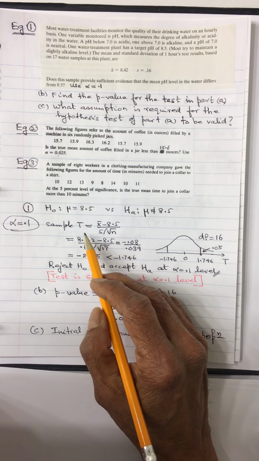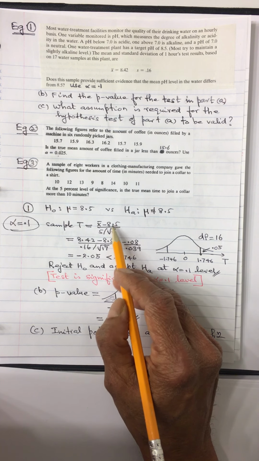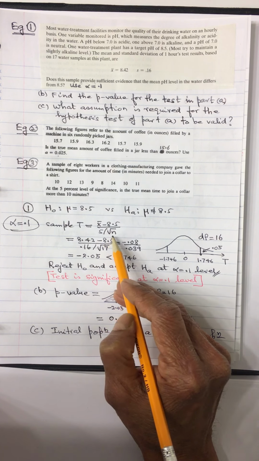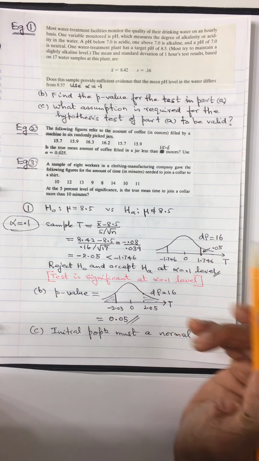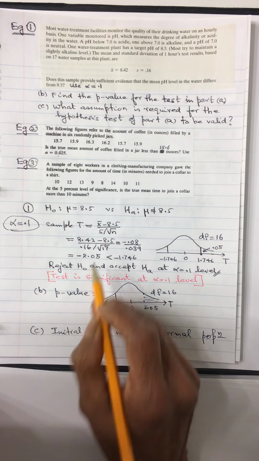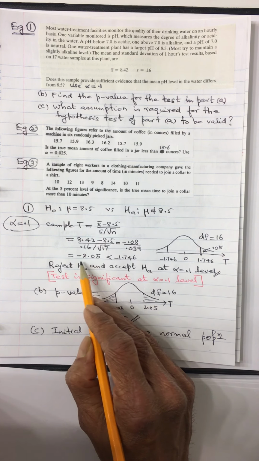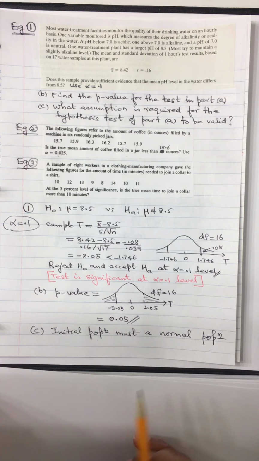So (x bar minus 8.5) is divided by (s over the square root of n), with degrees of freedom 17 minus 1. You calculate this, and it is going to be minus 2.05.